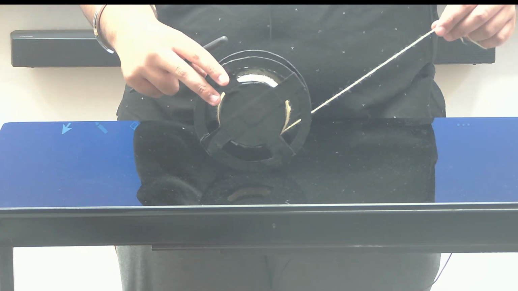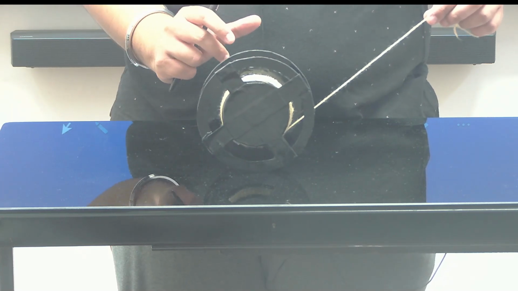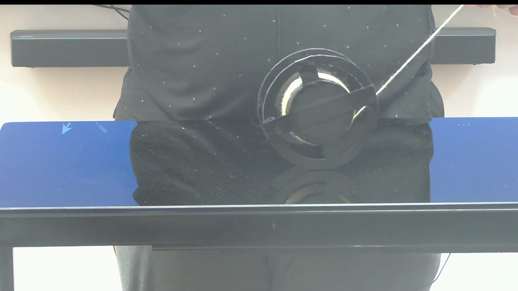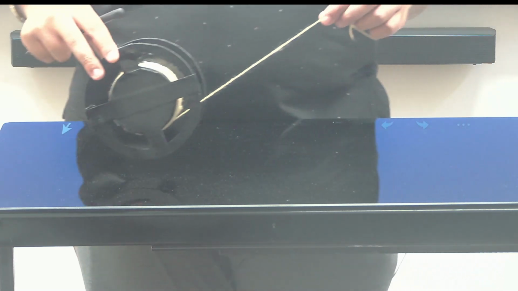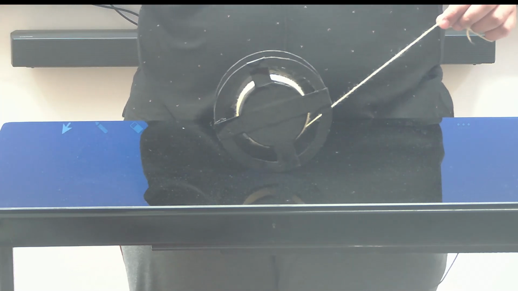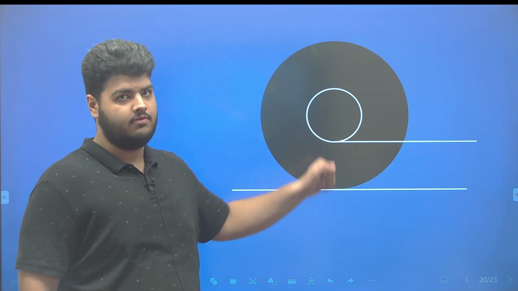And then there is a special way of pulling this thread in which this spool will not rotate at all. So you can see that in this third way, the spool is not rotating in any way and it is translating.